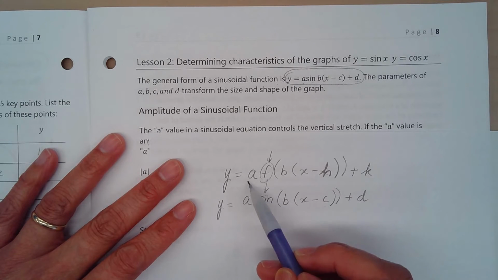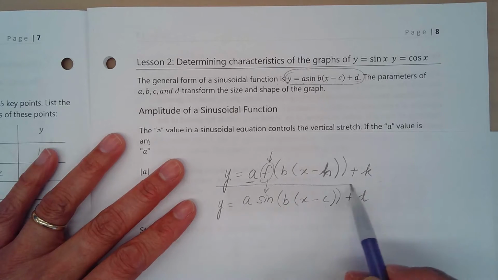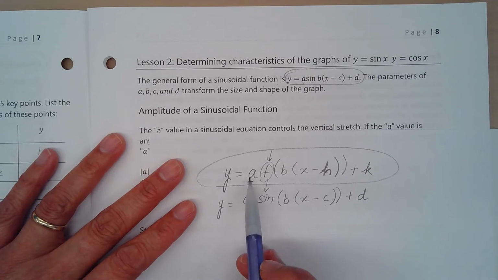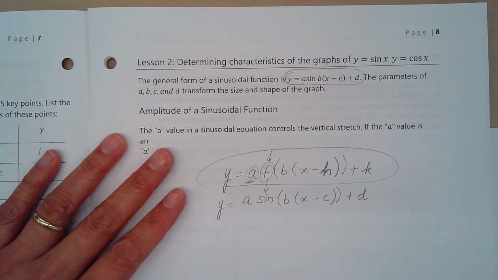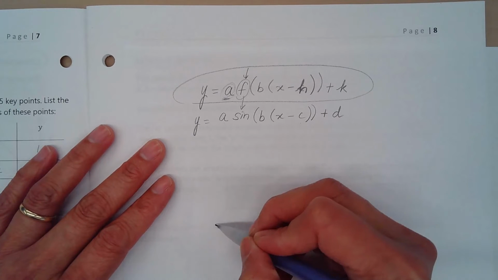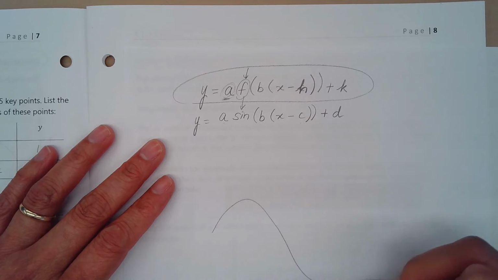Now looking at this, what does the a do to our graph? Compression or stretch. So that means the graph could be stretched, okay? Could be like this, right?